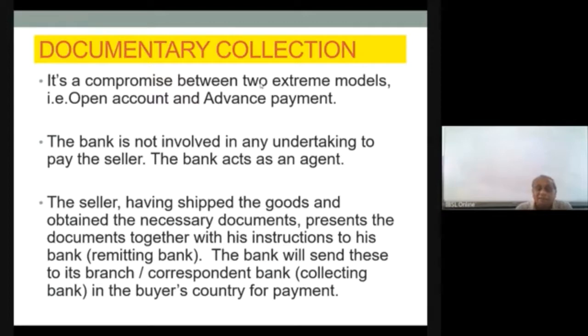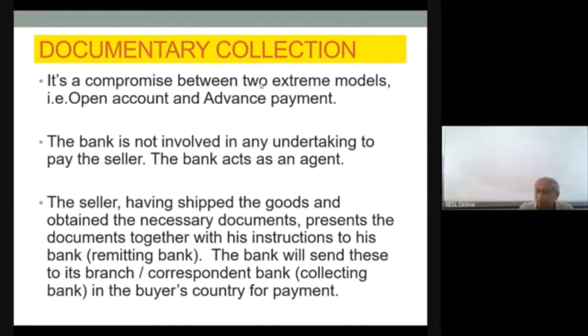Right? And then we call that bank the remitting bank. Then the remitting bank will send this to its branch or corresponding bank in the buyer's country for payment. That bank is called the collecting bank.